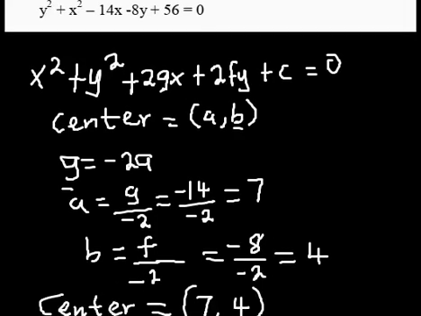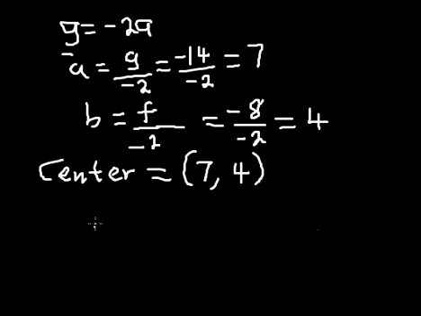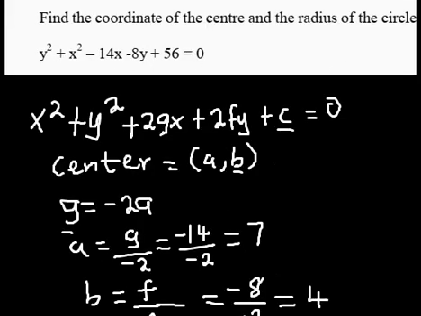The radius of the circle. Remember, we get the radius from the c. Remember, c is equal to a square plus b square minus r square. So let's put in the values. The c here is 56.